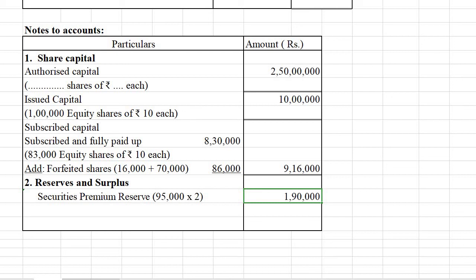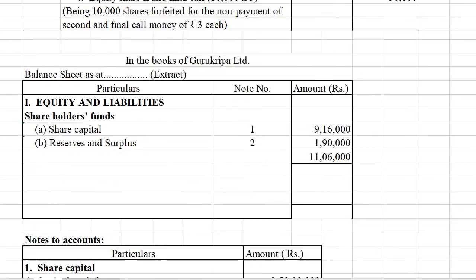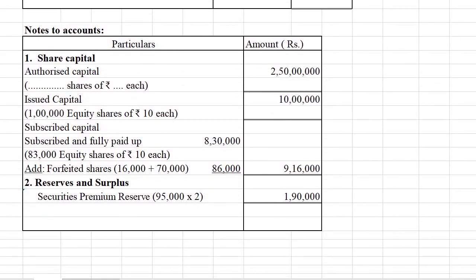So let us write securities premium amount here, note number 2, amount 1,90,000. That means 95,000 shares at the rate of 2 rupees each. So the total of liability as per the extract is 11,06,000.